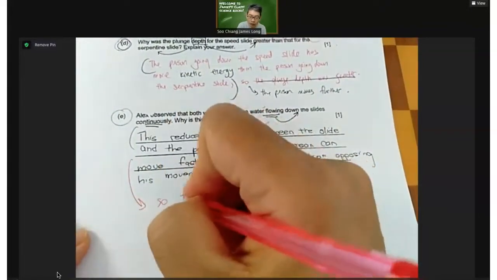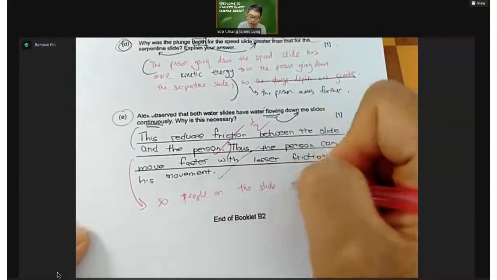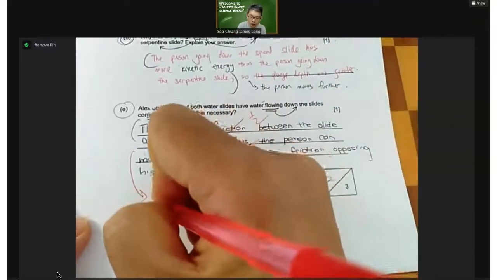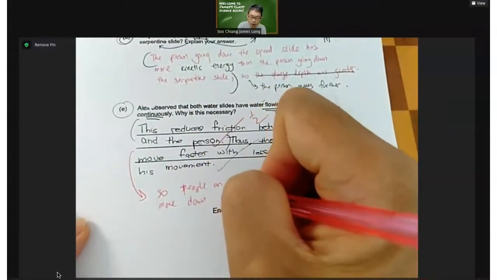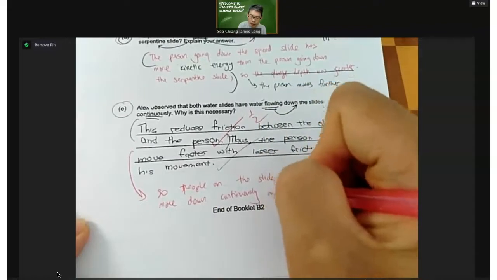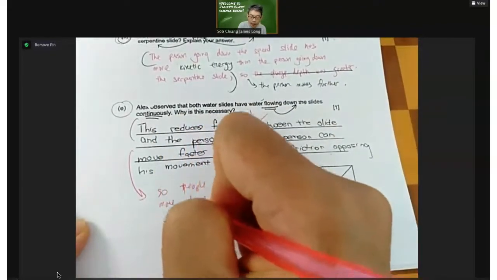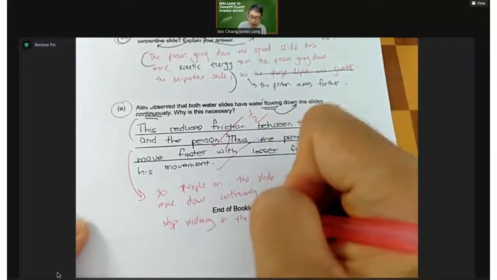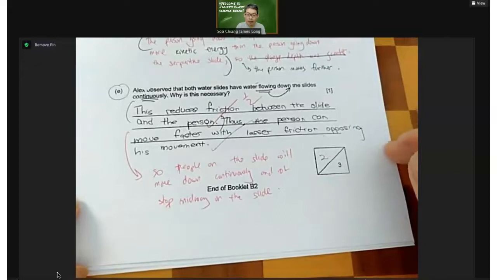So people on the slide will move down continuously and not stop midway on the slide. That's how I'll explain this.